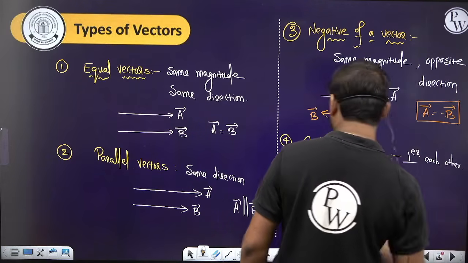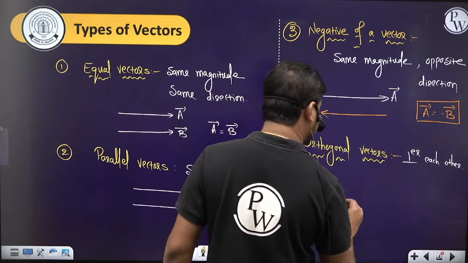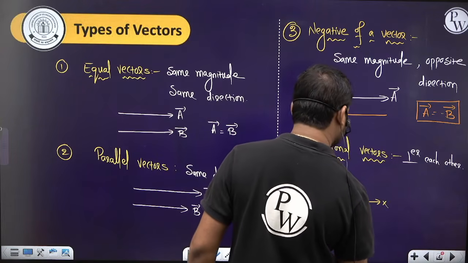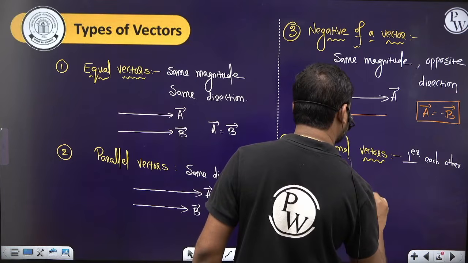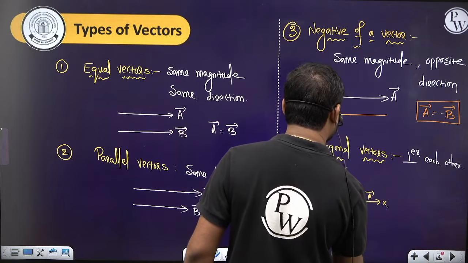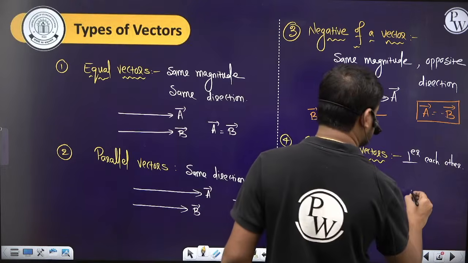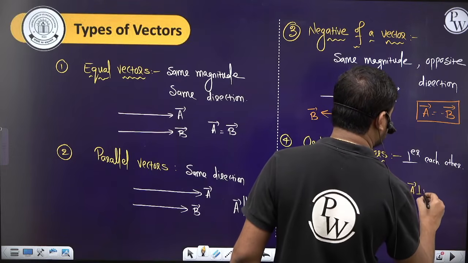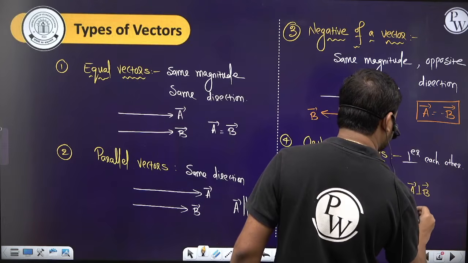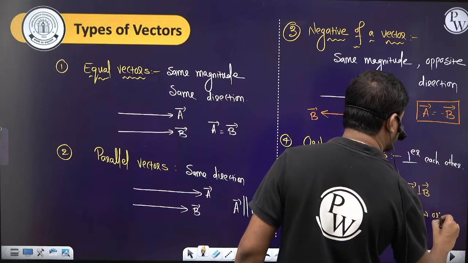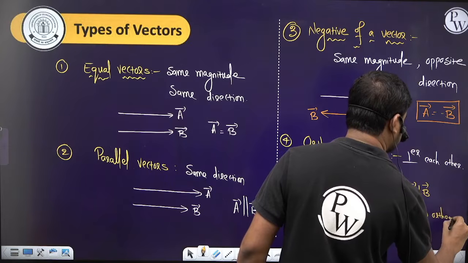For example, there is a vector which is in the x direction, and there is some vector which is in the y direction. Let's consider the A vector is in the x direction, B vector is in the y direction. Then I can say that A is perpendicular to B. So we can say A, B vectors are orthogonal.